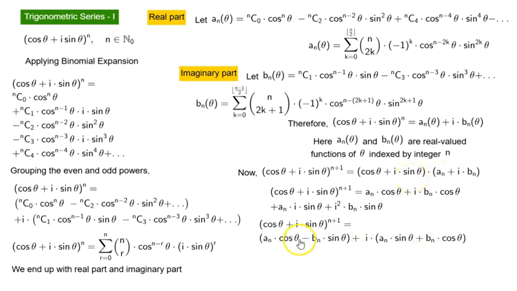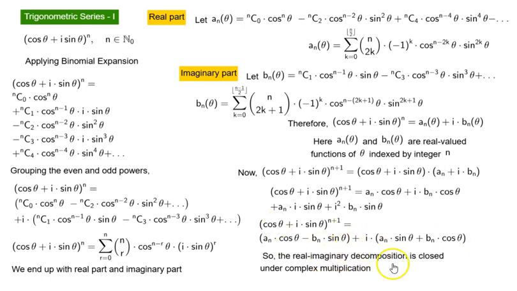Again grouping the real and imaginary parts, we get (a_n cos θ − b_n sin θ), because i² is equal to −1, plus i times (a_n sin θ + b_n cos θ). So what have we achieved?